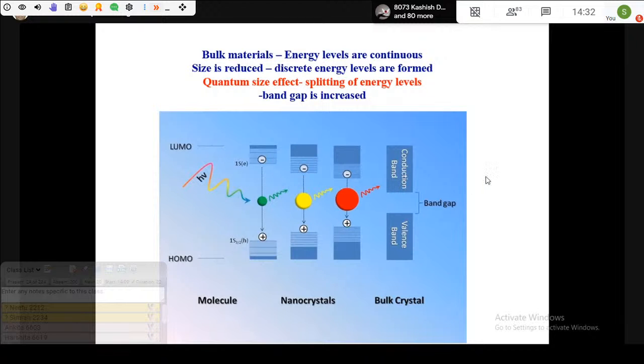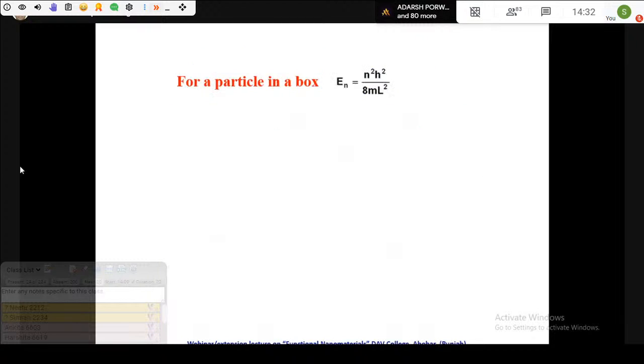And how do we correlate it? Any other thing that you know? So that is this expression. If you just recall, when you learned about a particle in a box, you got this expression, and there you get the various energy levels. We can correlate the energy level to the size.